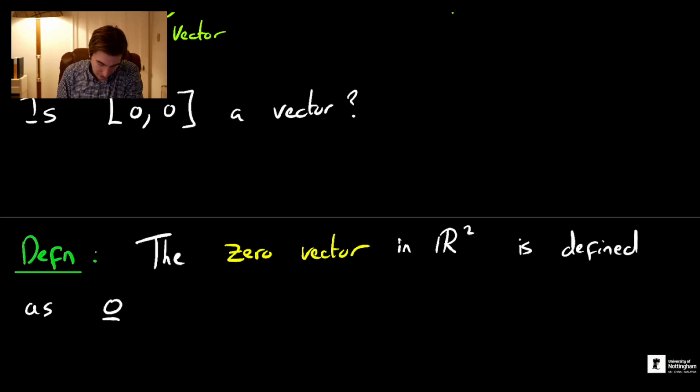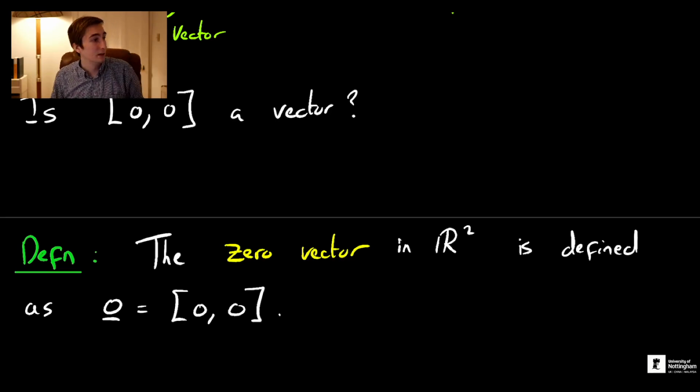So here it represents a vector. In the notes it's represented in boldface, but I've already explained that's not so easy to do. It is simply this thing here. So it is the vector that has both of its components equal to 0. Why is it special? Because what we will see in a future video is that if we add vectors, the zero vector has the special property that it's the unique vector that when I add it to other vectors, it leaves those vectors unchanged. So that's why it's rather special.